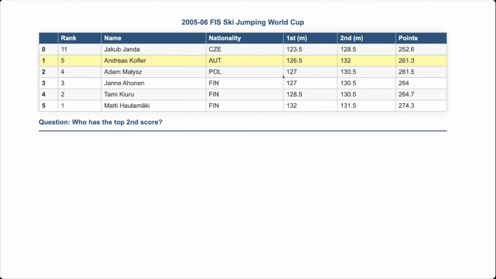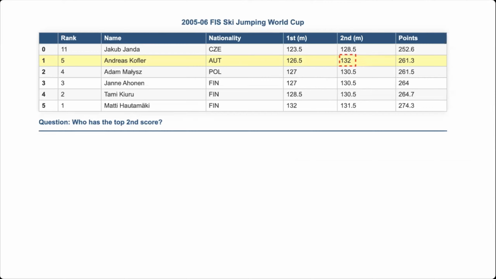So now let's look at another example of how column localization can largely affect the results. We can look at the table, and the question is about who has the second-highest score.